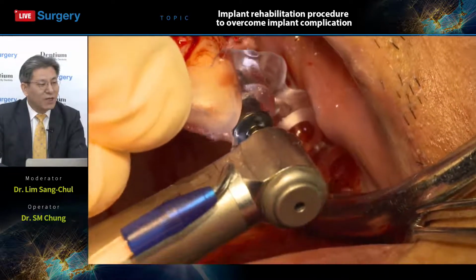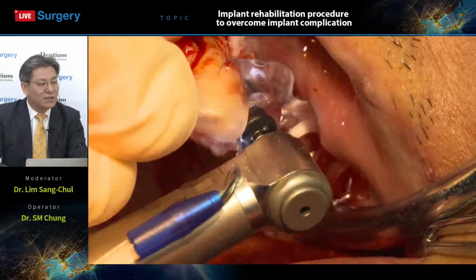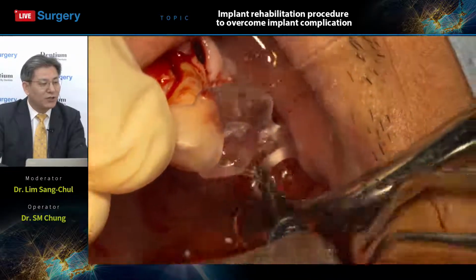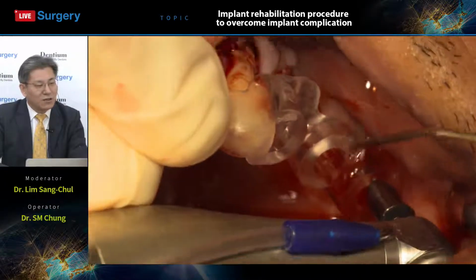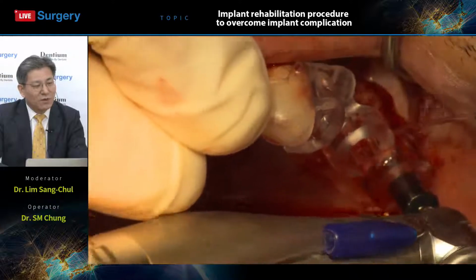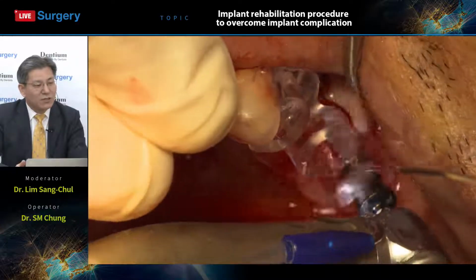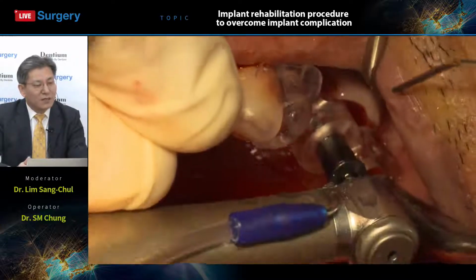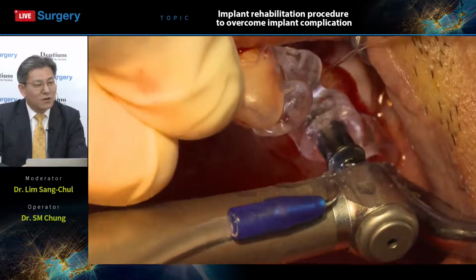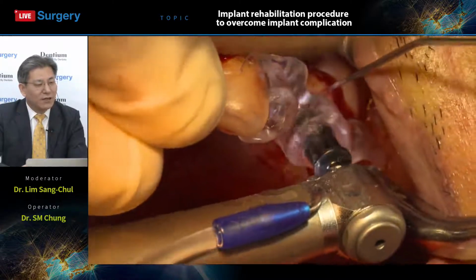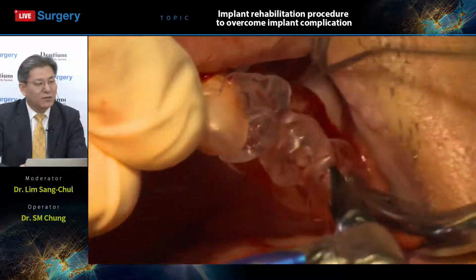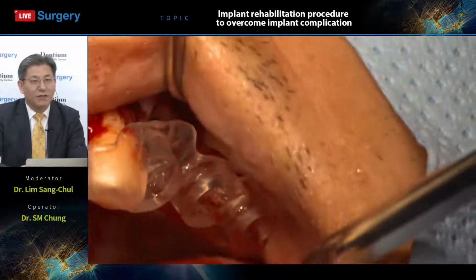This one is a milled surgical stent. It is stronger than a 3D printed stent. So even in this kind of tissue supported area, it is strong enough, so it does not deviate from top to apical portion during drilling.